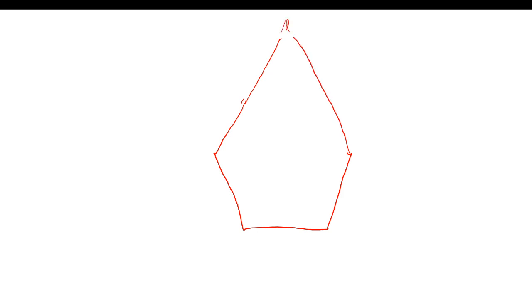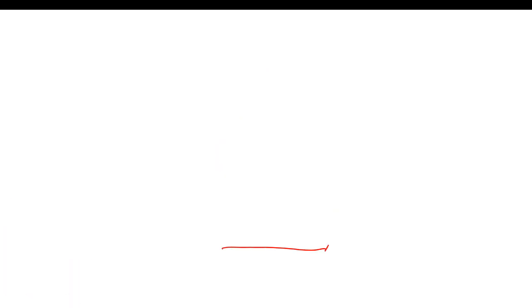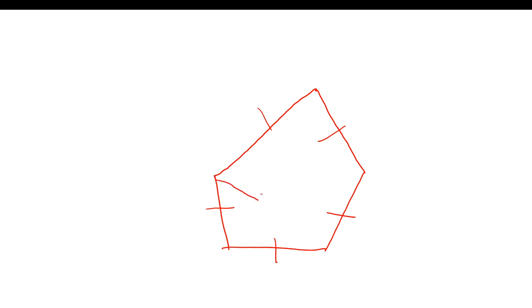Not the best pentagon, but let's just assume the side lengths of this pentagon are all equal. Assuming the side lengths are all equal, how can we find certain angle measures within this polygon?